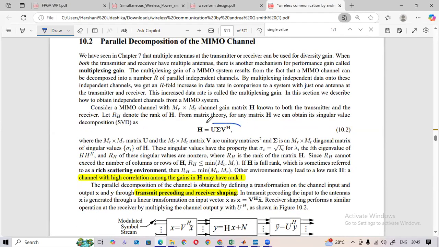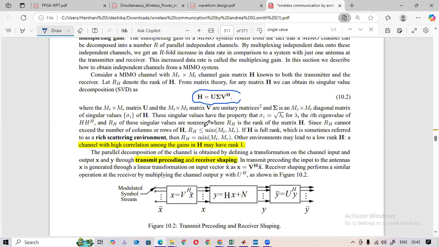So this is the singular value decomposition, SVD. If you are given a matrix, you should be able to find the singular value decomposition of this matrix. That means you can represent this matrix by another three matrices. We have discussed these things.